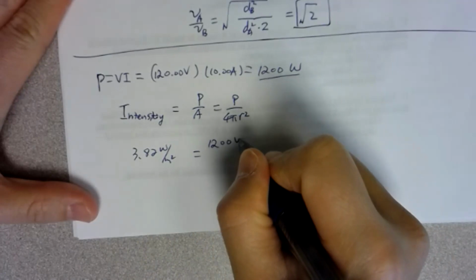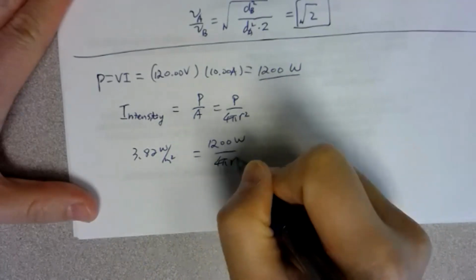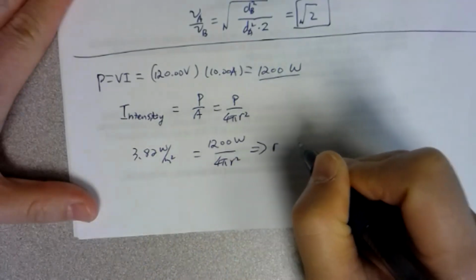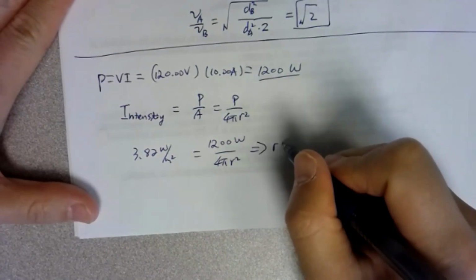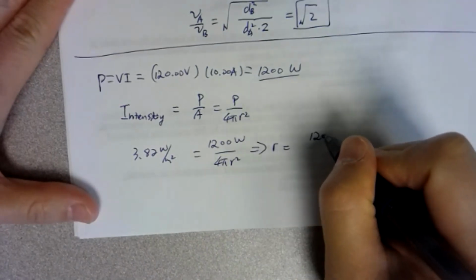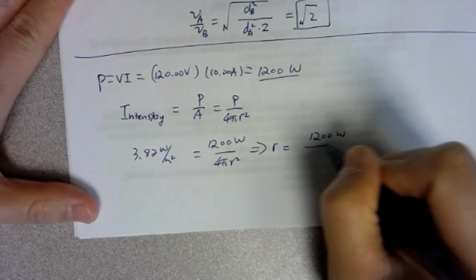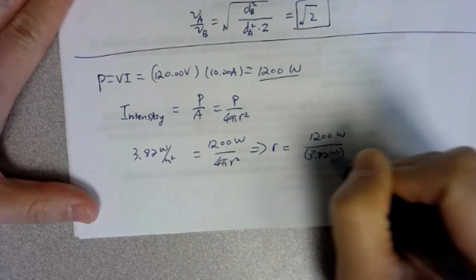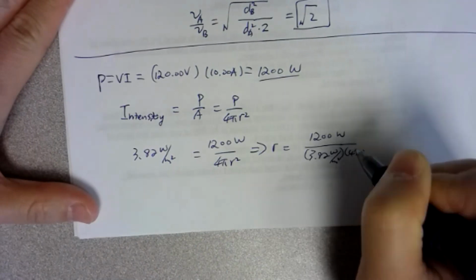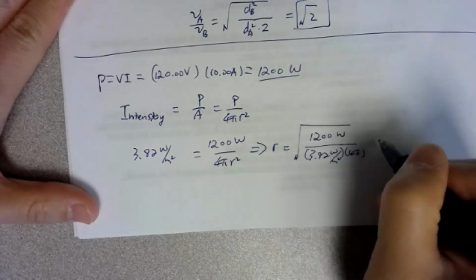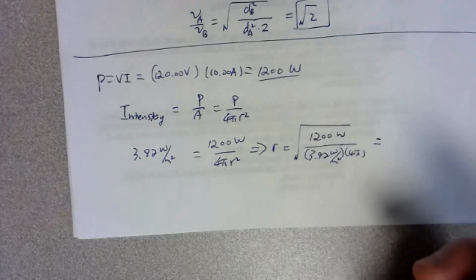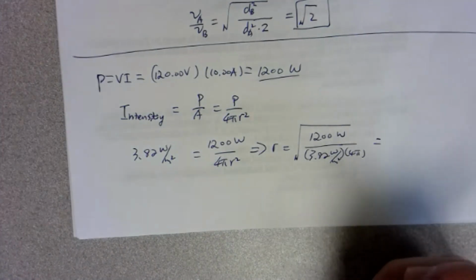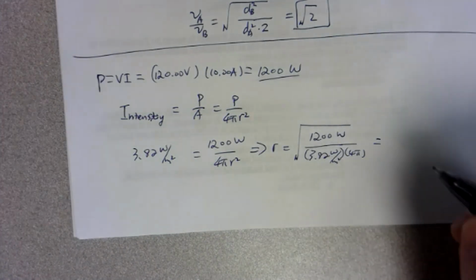So 1200 watts over 4 pi R squared. You simply solve for R. So R equals the square root of 1200 watts over 3.82 watts per meter squared times 4 pi. That turns out to be 5 meters.